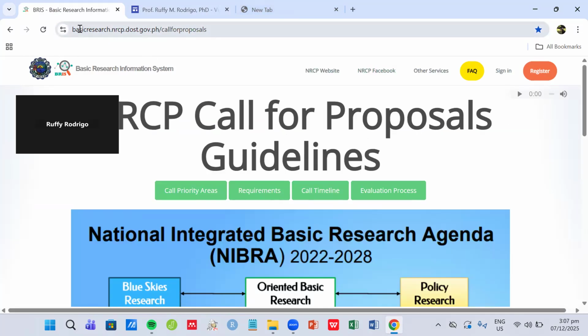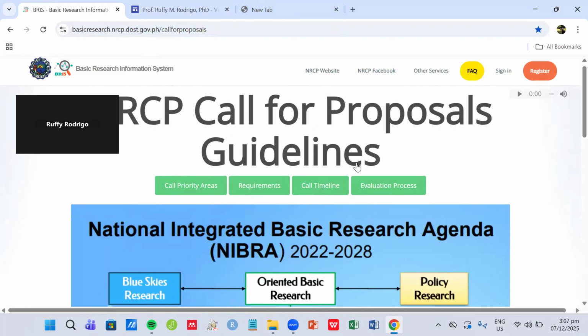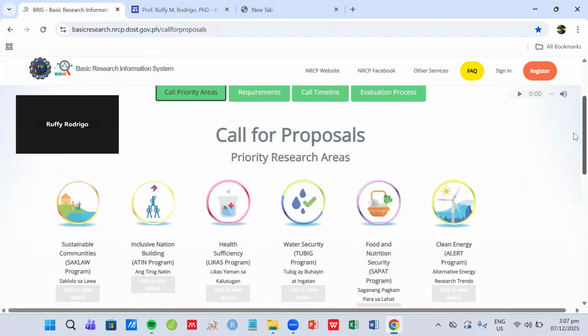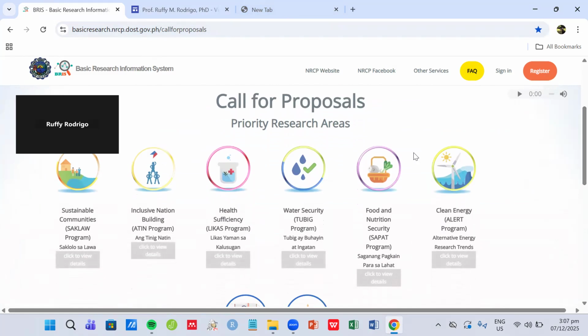Just search research.nrcp.ust.gov.ph. It's called for proposal. Here you can look at the goal priority areas, basically what their priority themes are. You have the SACLAW program, ATIN program, LICAS program, TUDIC program, SAPAT, and ALERT program.